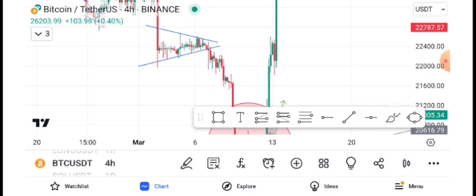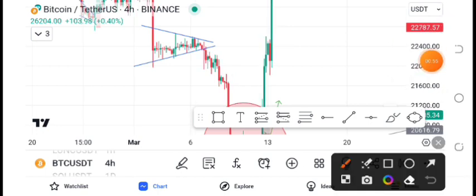So how are you going to trade this kind of pattern? I use the 4-hour time frame to trade this kind of pattern. I'll show you how to set your time frame. This is the 4-hour time frame. The reason why I use the 4-hour time frame is that manipulation most often happens on lower time frames.